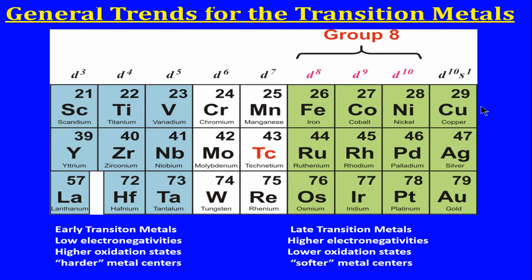Zinc has S2 D10, zinc 2 plus has D10, so the d orbital is filled. It cannot receive electrons. But we will see in the next chapters that, for example, silver Ag in some cases has completely filled orbitals and it forms complexes. So we will explain it in the corresponding chapter.